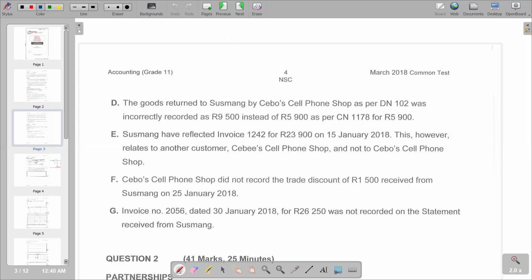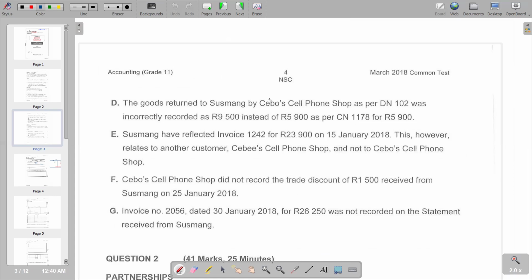Remember, the first procedure is to identify which of the two is being affected between creditor's ledger and statement of account. We are told that this is goods returned to Sussman by Sebo cell phone shop as per debit note 102, which was incorrectly recorded as 9,500 instead of 5,900 as per credit note 11784.